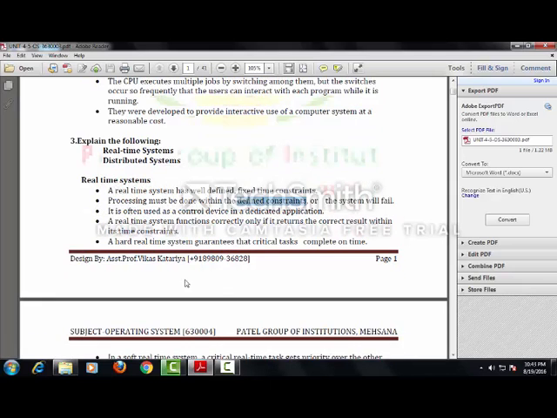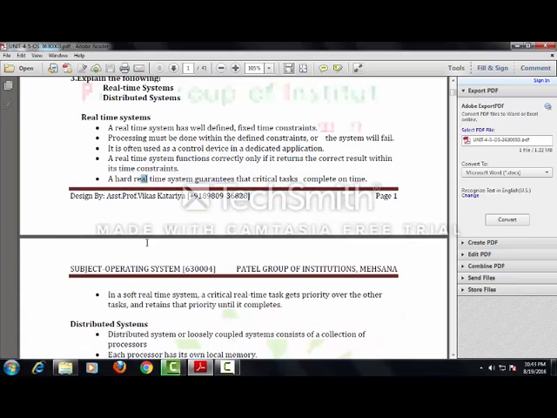right? There are two types of real-time operating system. First is hard real-time and second one is soft real-time. Hard real-time system guarantees that a critical task will be completed at the given time.